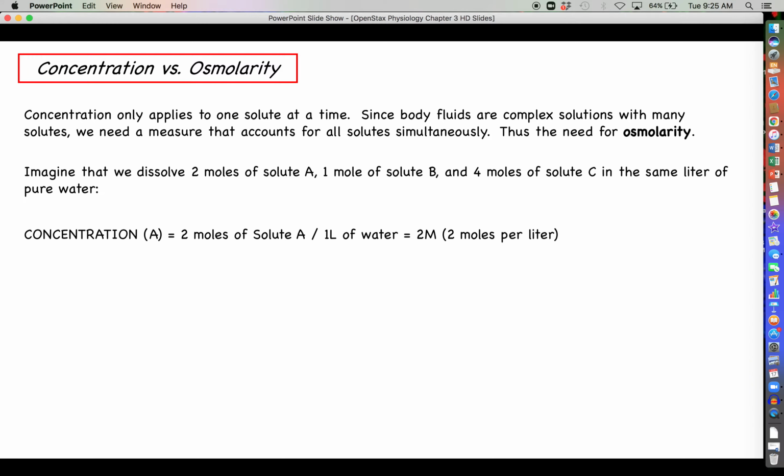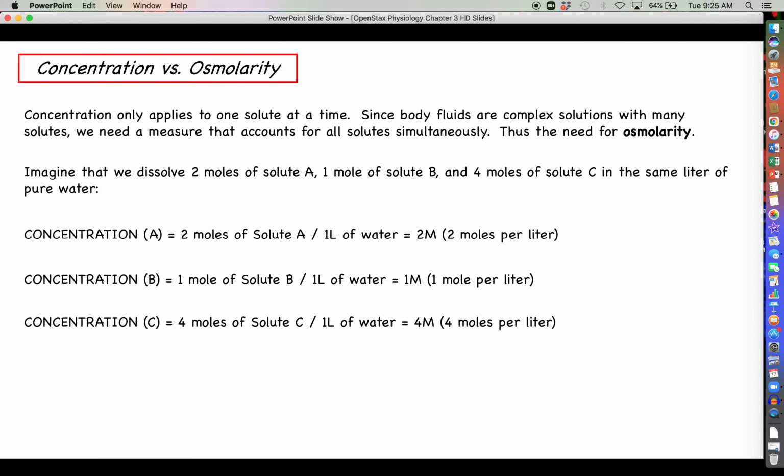Now, if we're keeping track of the individual concentrations of each solute, the concentration for A would be 2 moles per liter. We have 2 moles of solute A dissolved in 1 liter of water. That is a 2 molar solution. Similarly, for solute B, the concentration would be 1 mole per liter. 1 mole of solute B per 1 liter of water.